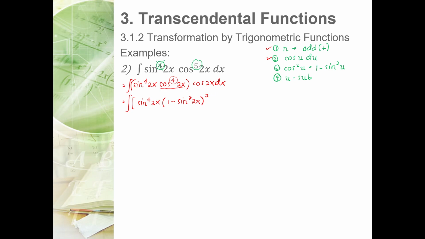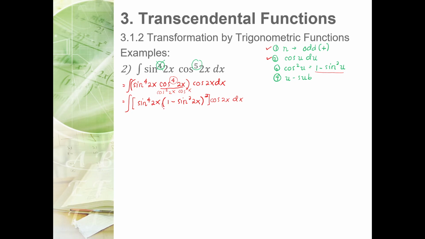That's why it's squared, because we have a fourth degree here. If you break this into its parts, that would be cosine squared 2x, cosine squared 2x, so you have two terms of 1 minus sine squared u. That's why I simplified it immediately. That's (1 minus sine squared 2x) squared, then cosine 2x dx.